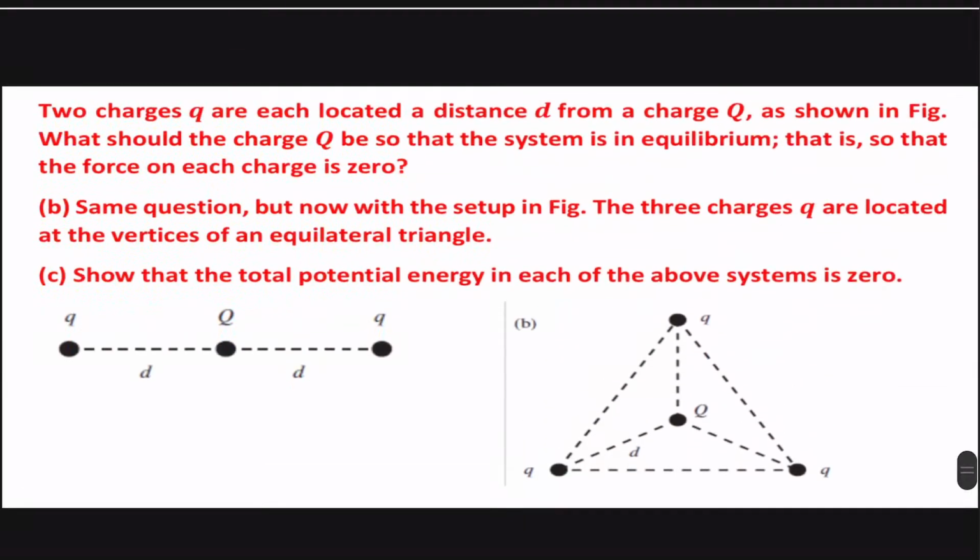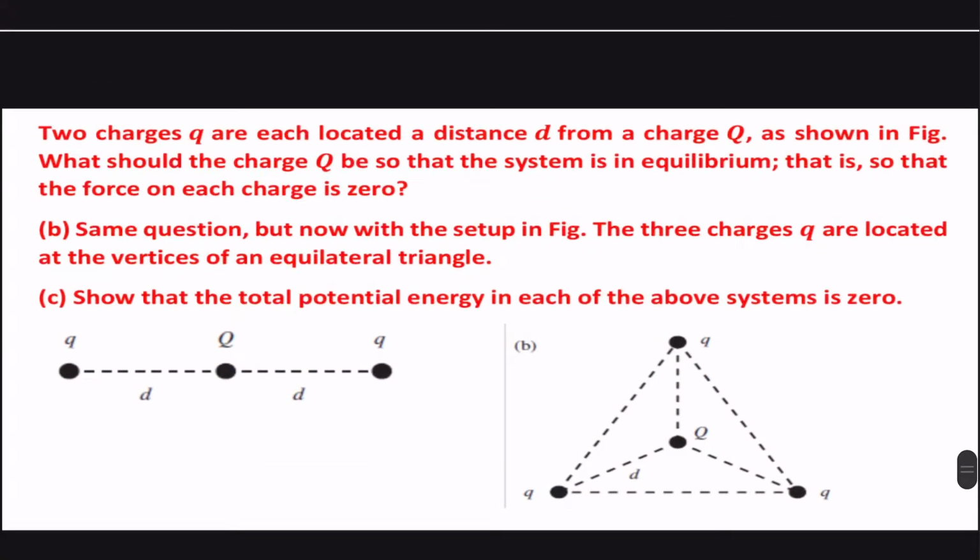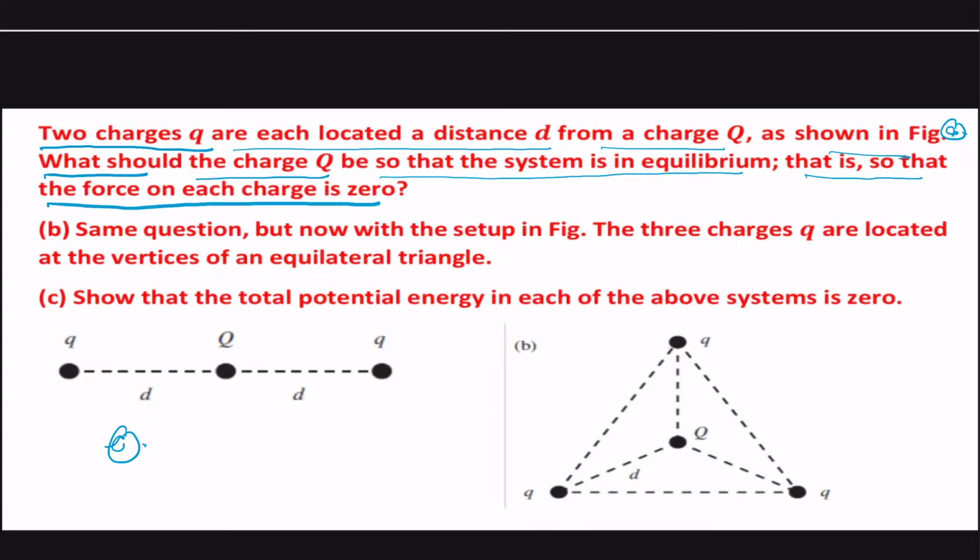Next question. It states that two charges q are each located at a distance d from a charge Q as shown in the figure. Okay, so this is figure A basically. What should be the charge Q so that the system is in equilibrium, that is, so that the force on each charge is equal to 0?